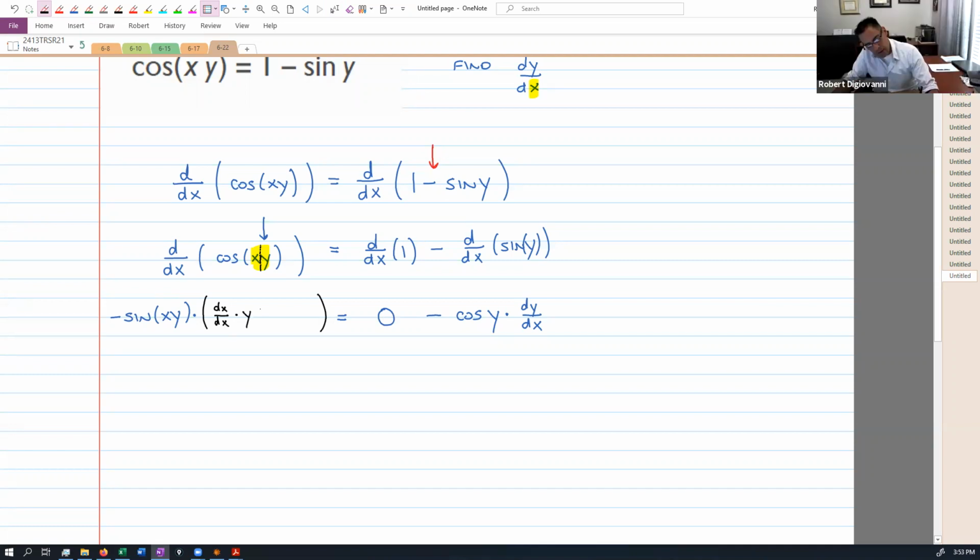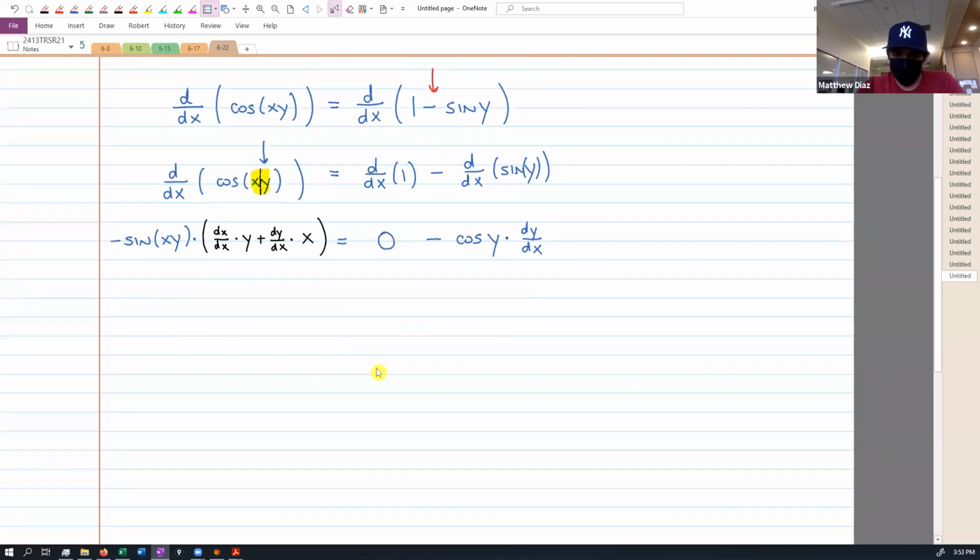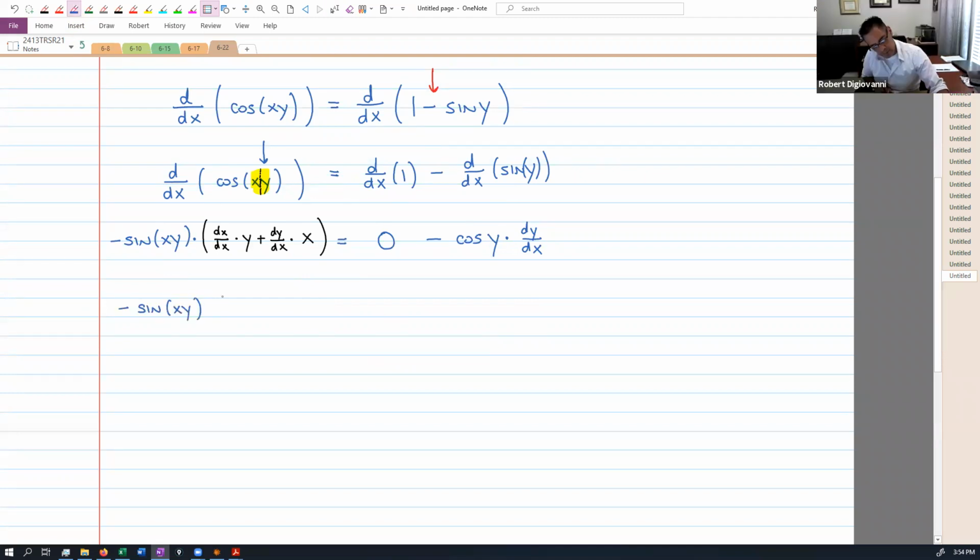By y, and then plus, and now, Matt, what's the derivative of y with respect to x? Dy dx. Good. And then finish off the product rule times x. There we go. Cleaning up. Good job, Matt. Thank you.